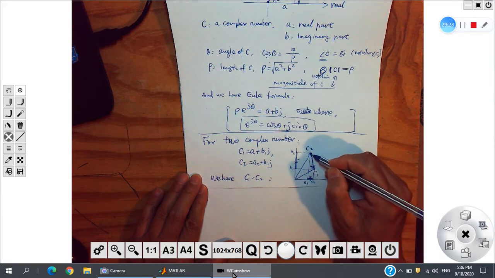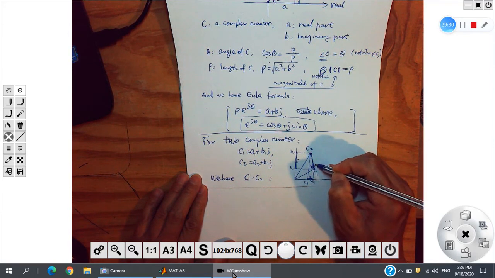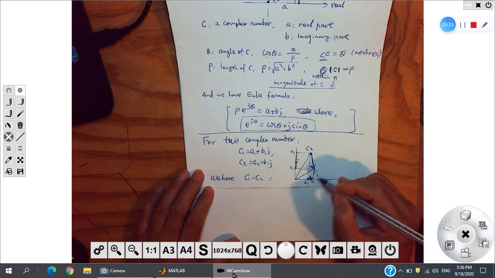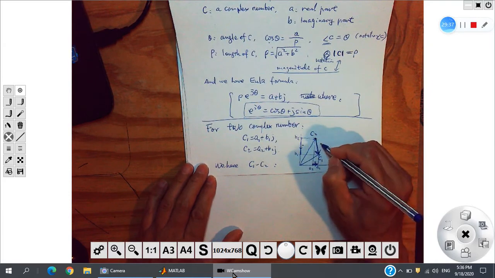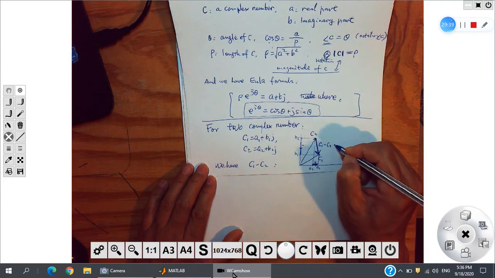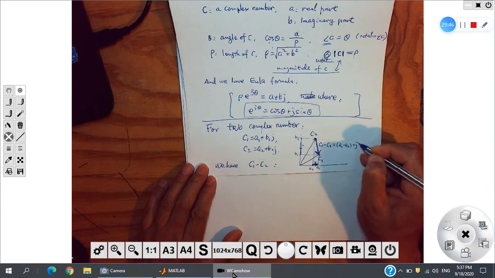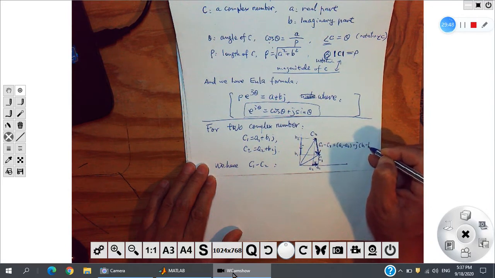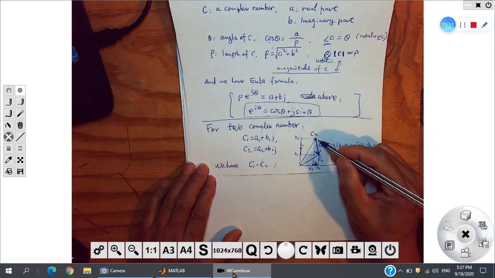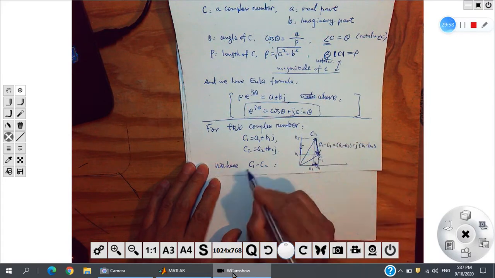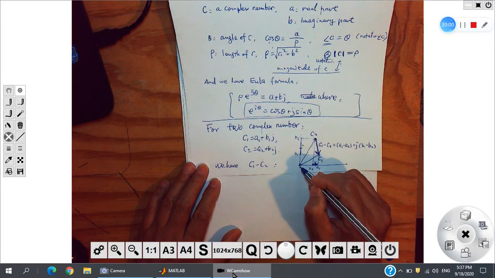So we have a vector, an arrow from C2 to C1, and this is just C1 minus C2. C1 minus C2 equals A1 minus A2 plus j times B1 minus B2.